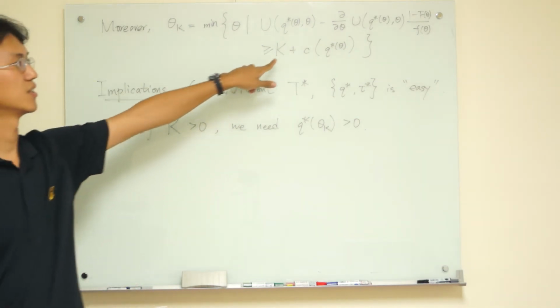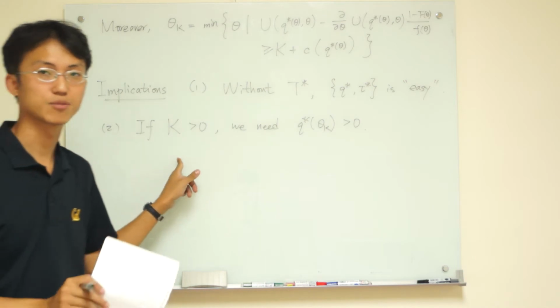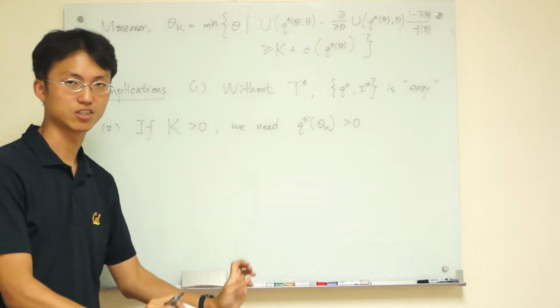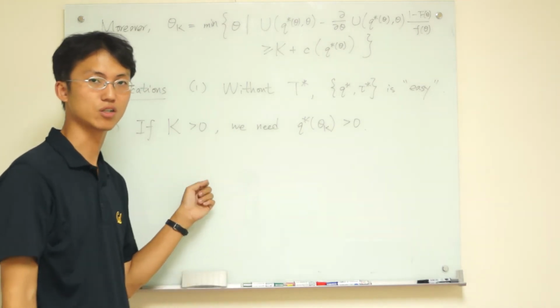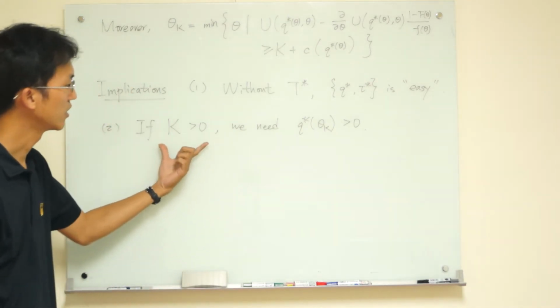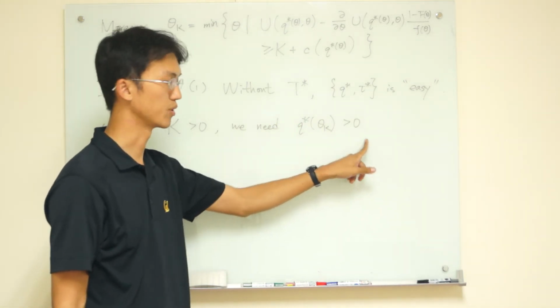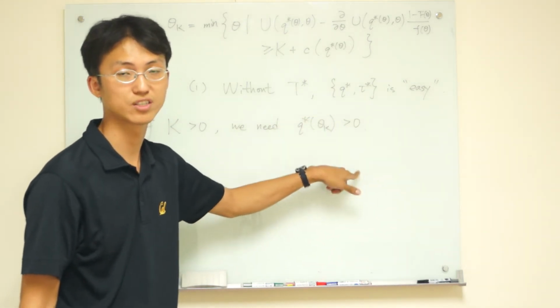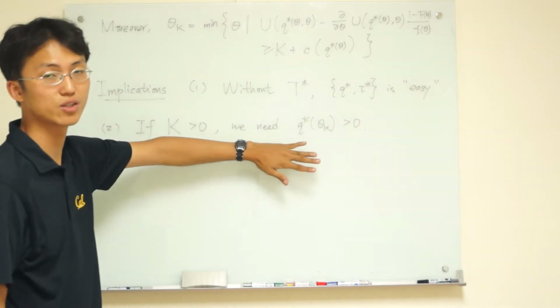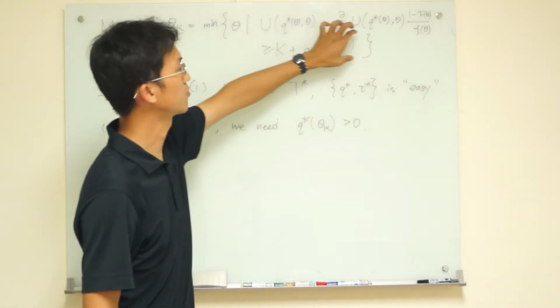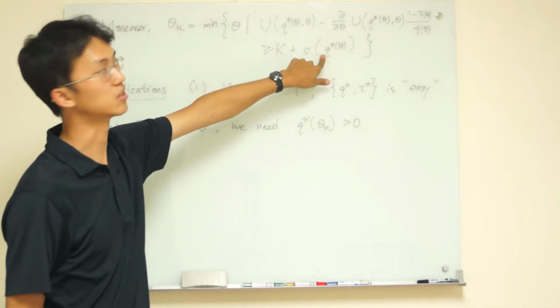Suppose k is non-negative. That means suppose there is a transaction cost for all the possible quantities. In that case, we need Q star of theta k to be strictly greater than 0. Why do we have that? Suppose k is positive, then the right hand side of this is positive.